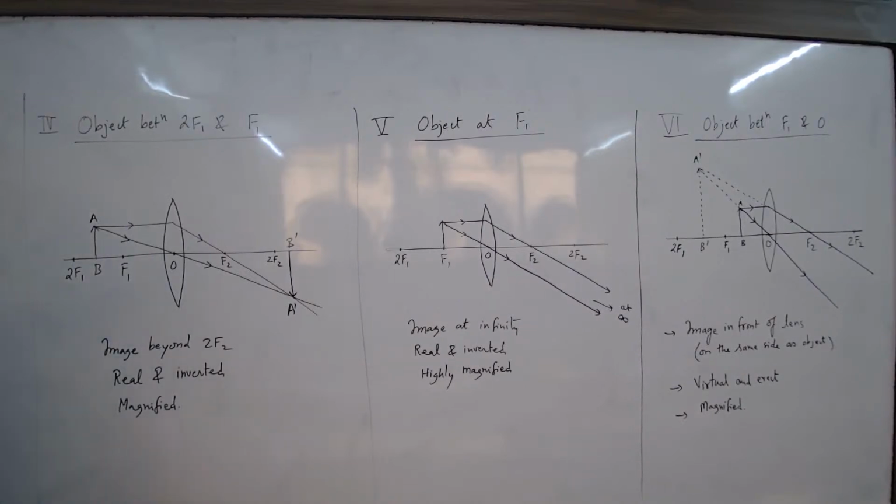So you see all the image formation, position as well as nature as well as size for convex lenses is very much similar to image formation by a concave mirror. Only the image position is front, the real and virtual have swapped positions.